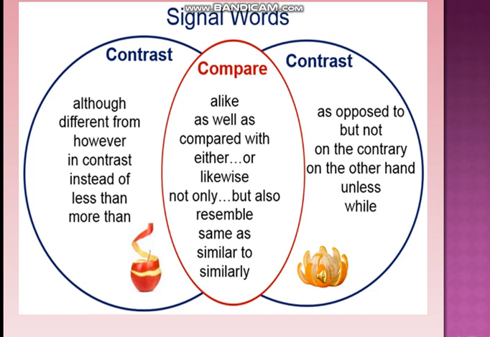While in comparison, you can use other words which refer to similarities between two things, like alike, as well as, compared with, either or, likewise, and so on. So try to use some of these words in your essay to make it more professional.